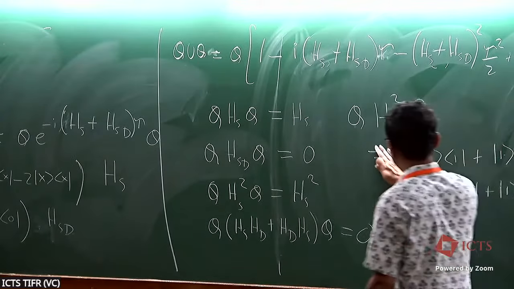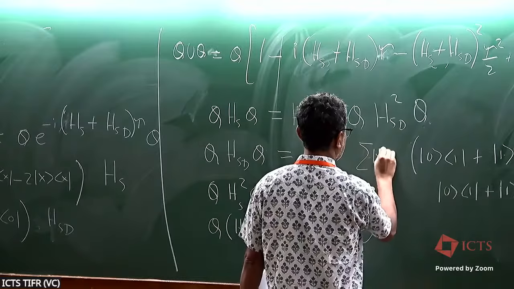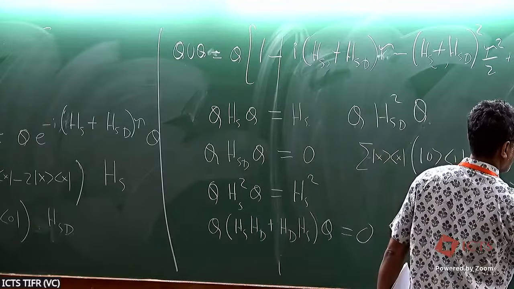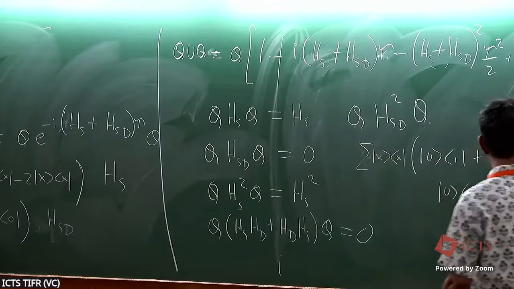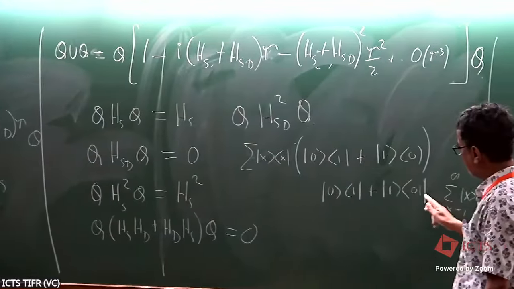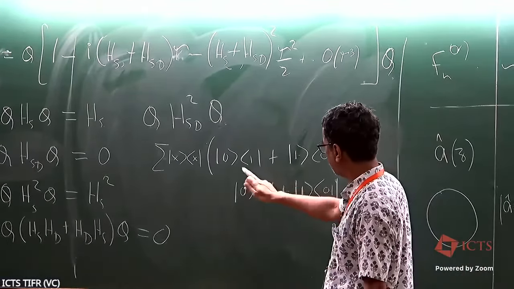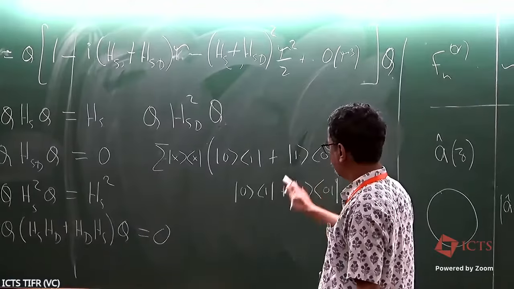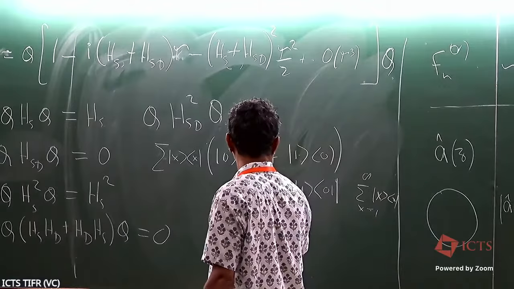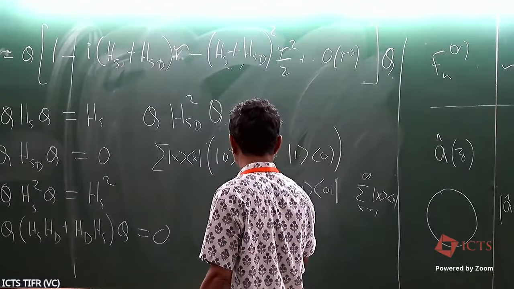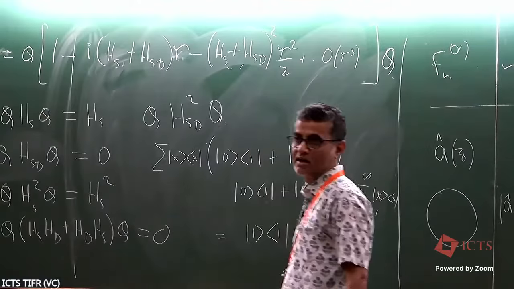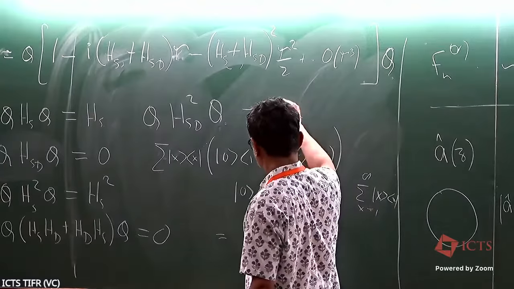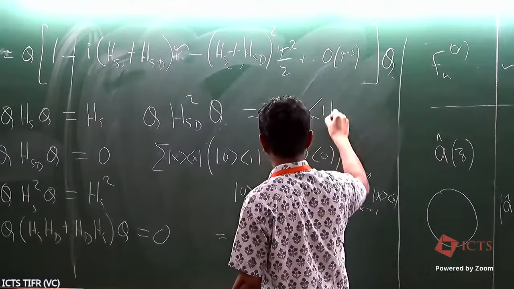And then on the left-hand side, I have this object. Since x starts from 1 to infinity, the only way I can get non-zero is from this into this term. And when I do that, I'll get 1, 1. So this is basically equal to 1, 1.